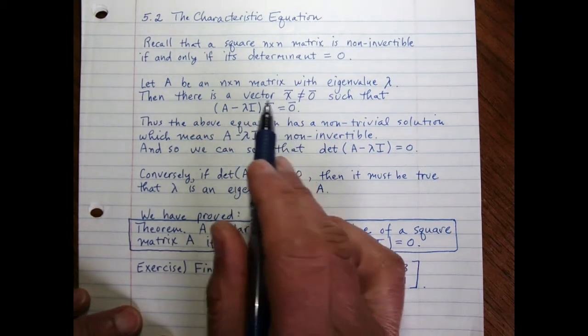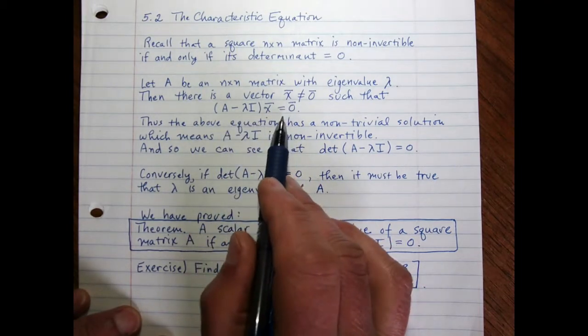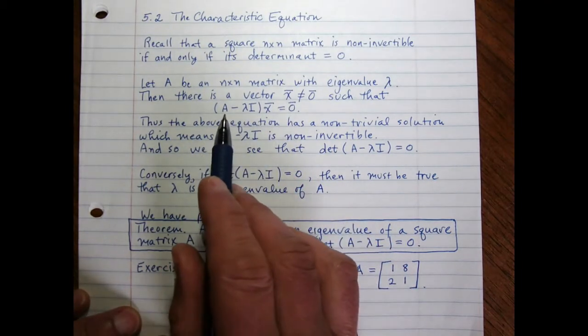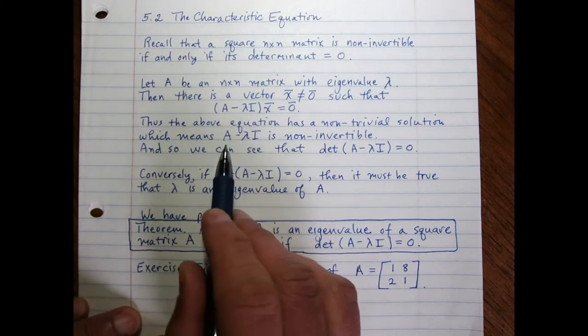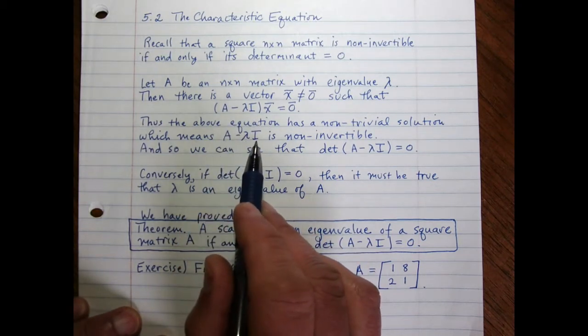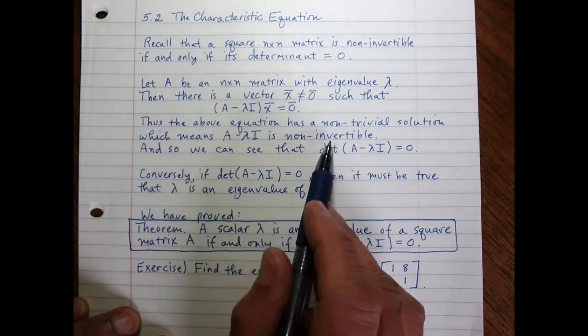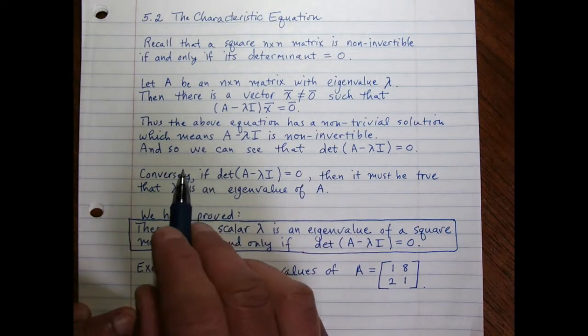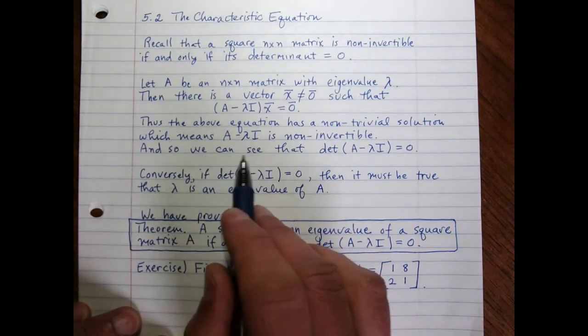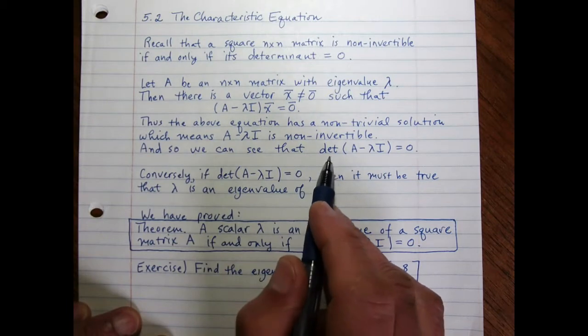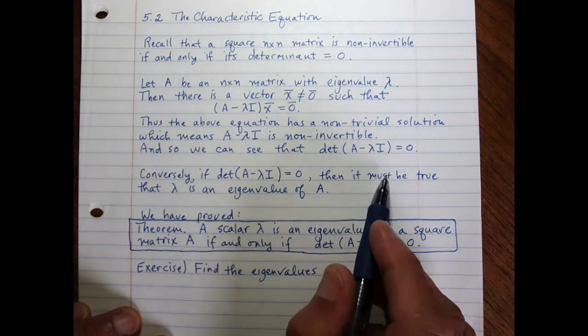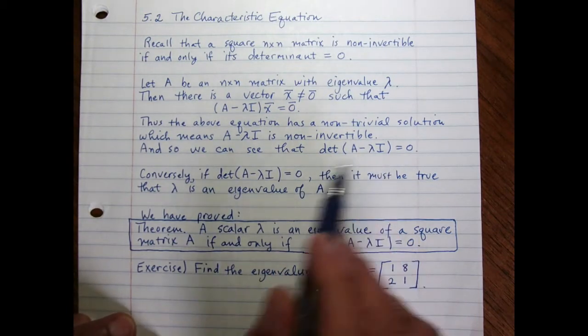So there's a non-trivial solution to the homogeneous equation for the matrix A minus lambda I. So that means A minus lambda I is not invertible. And so if A minus lambda I is not invertible, we can see that the determinant of A minus lambda I is equal to 0.